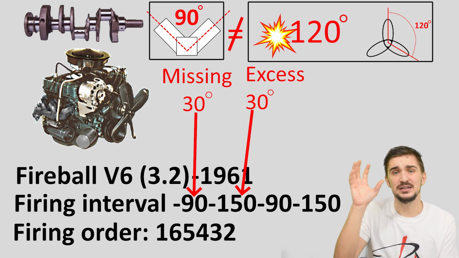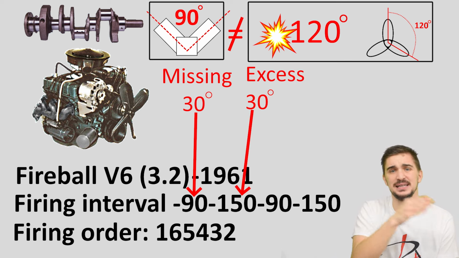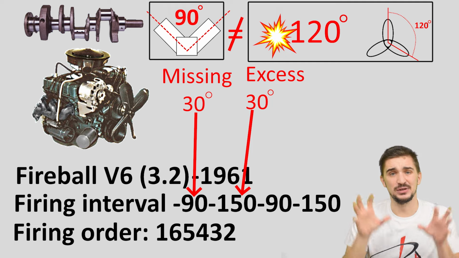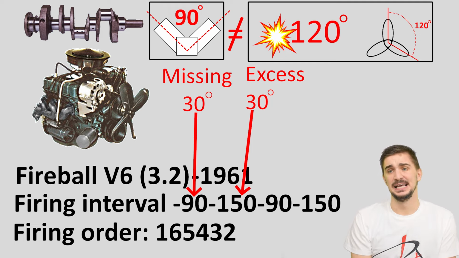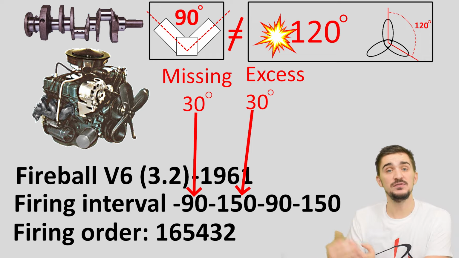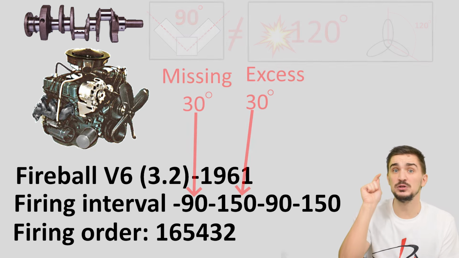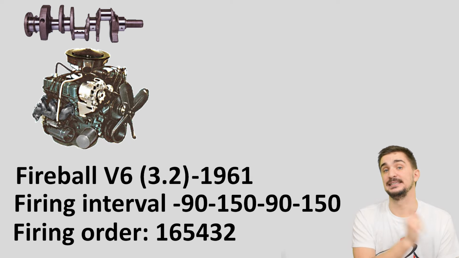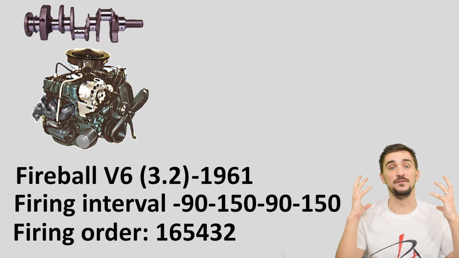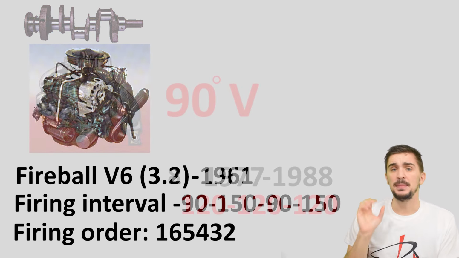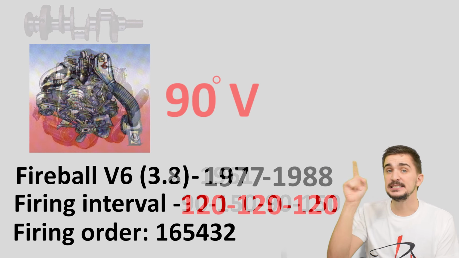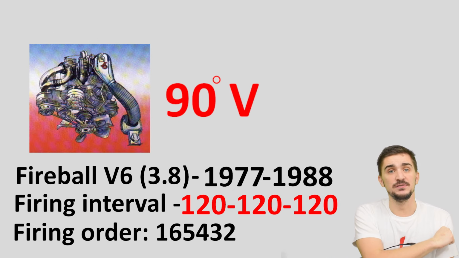The missing 30 degrees from the bank angle are tossed between individual firing interval instances. Now, the gist of all of this is that an odd firing V6 is never going to be as smooth as an even firing V6, and this is exactly what Buick realized as well in 1977, so they decided to fix it, and they fixed it by making a 90-degree V6 that was also even firing.